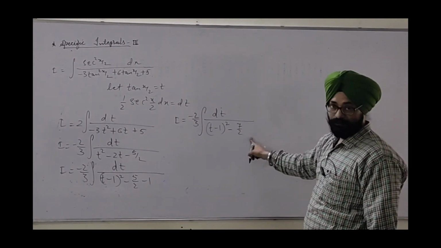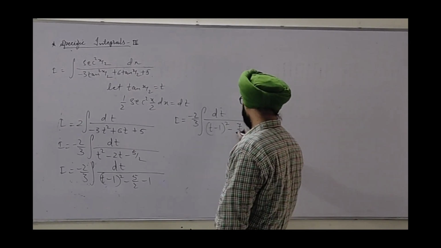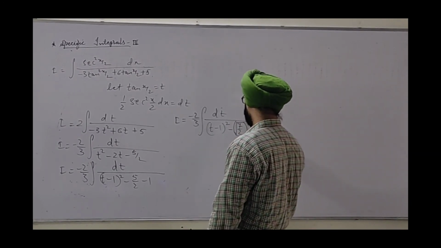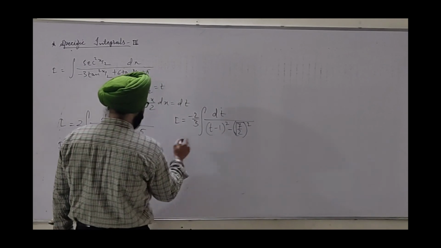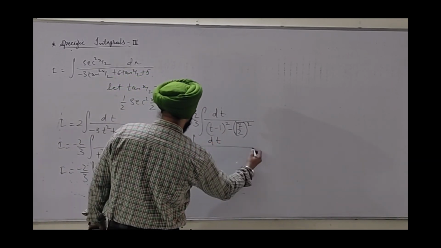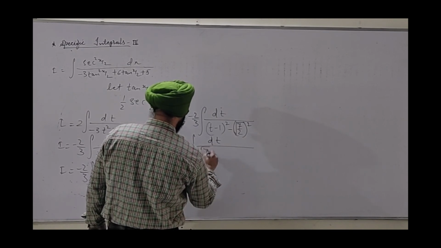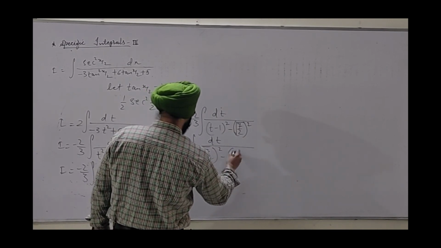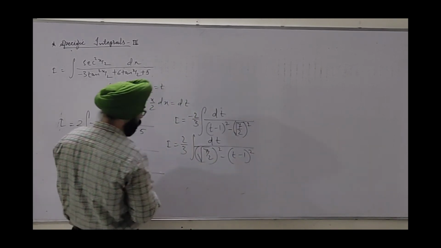I need to write this as a whole square. For that it can be written as root 7 by 2 whole square. If I use this minus sign inside, I get 2 by 3 dt upon root 7 by 2 whole square minus t minus 1 whole square.